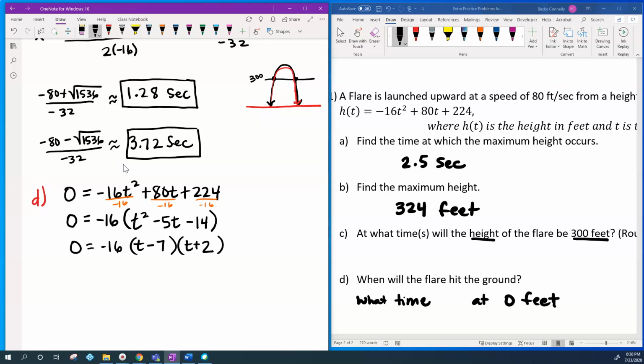Then I can just set each part equal to 0 and solve it. I don't need to do the negative 16 part because there's no t there to solve for. So I'm just going to do t minus 7 equals 0 and t plus 2 equals 0. If I solve these, I get t equals 7 and t equals negative 2. So are both of those good answers? Why or why not?